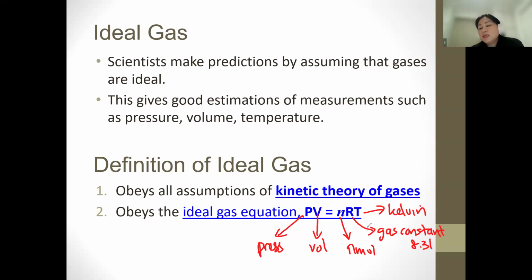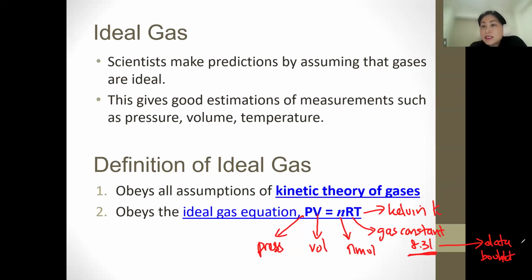All right, so what we need to take note of when we're applying this PV = nRT equation is the units. The unit of temperature is always Kelvin. The gas constant value that we commonly use is 8.31, and this can be found in your data booklet. If you have forgotten the value, you can refer to the data booklet. n is the number of moles.